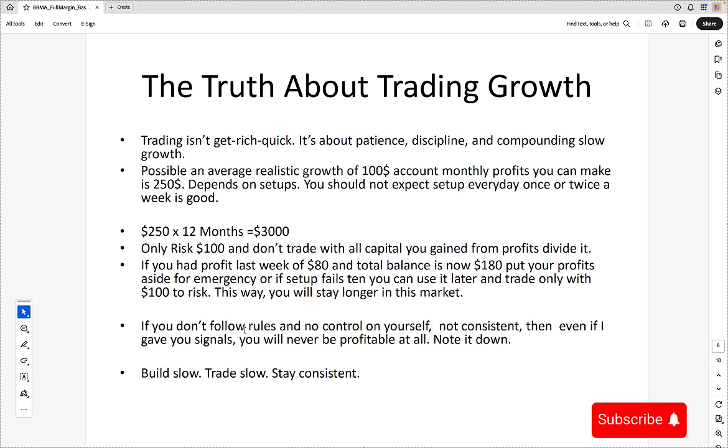If you are impatient, if you do not have self-control, then you will lose in this market. No matter how much money you have, you will lose. If you don't have the right knowledge, it doesn't matter if you are spending 10,000 or 50,000 or 100,000, you will lose at some point.